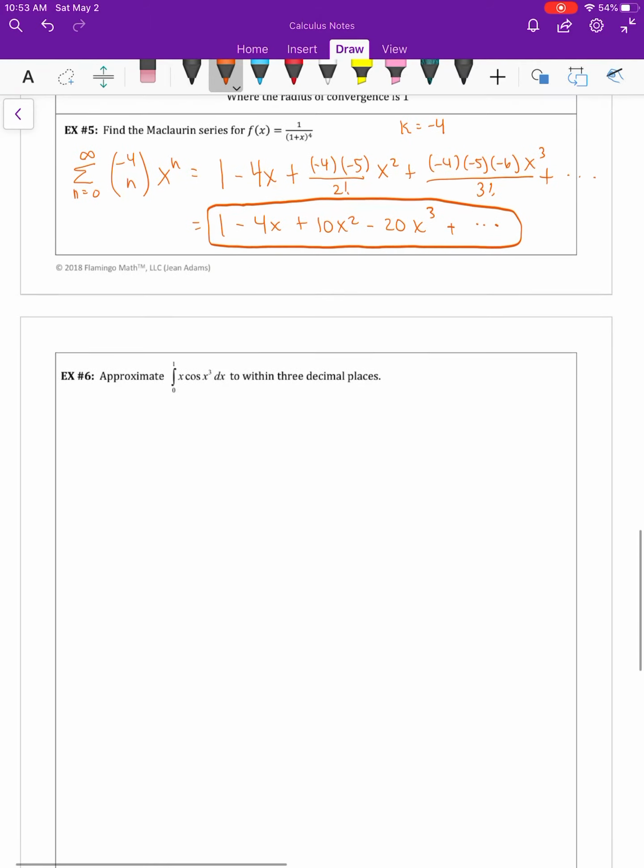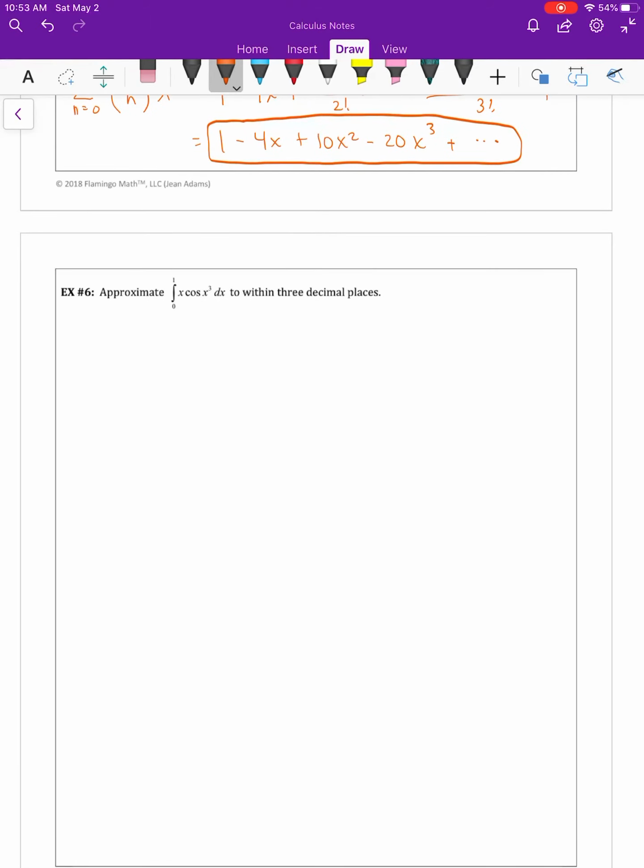So, could you have used that up here? Yes, you could have, but we did it 2 different ways. Okay, so now, example number 6. We have: approximate the integral from 0 to 1 of x cosine x cubed dx to within 3 decimal places. And it says approximate.